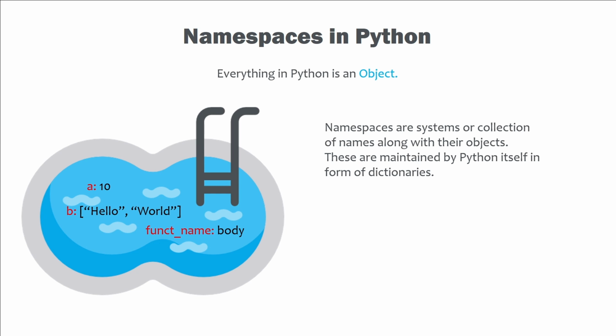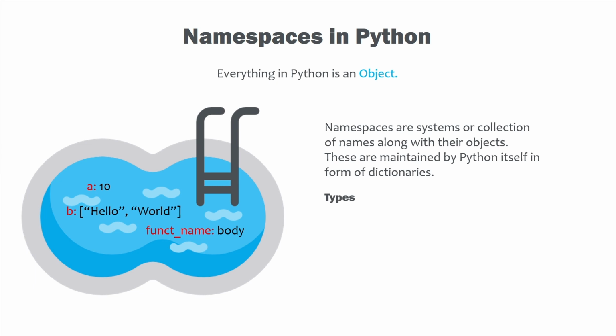And these namespaces are automatically maintained by Python itself in the form of dictionaries. So I hope you have understood that namespaces are pools where Python stores all the objects along with their unique identifiers. Now let's talk about the types of namespaces.